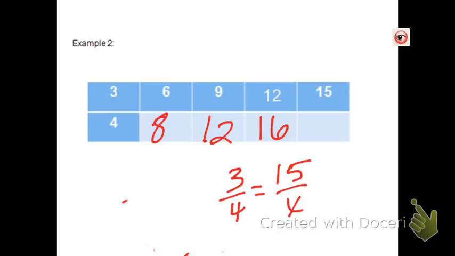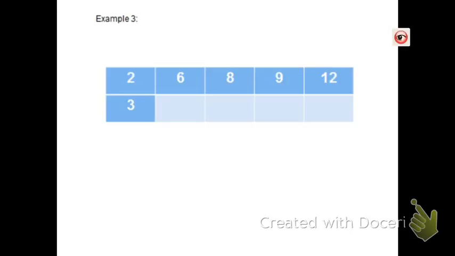So be careful about assuming it's the next one in the pattern, because sometimes they'll skip numbers. You have to watch out for that. So we have 3x equals 15 times 4 is 60. Divide by 3 on each side, we get 20. Okay? Questions about that one?